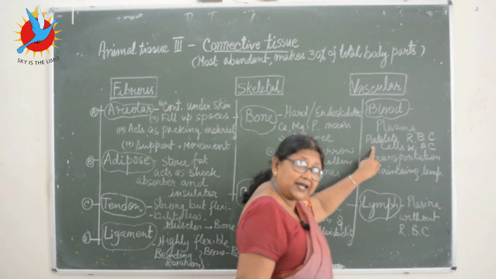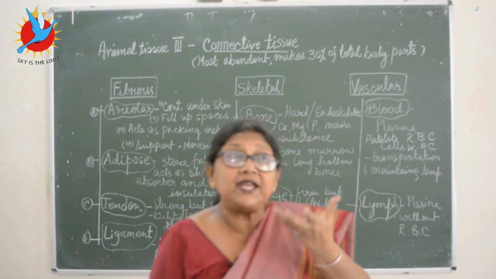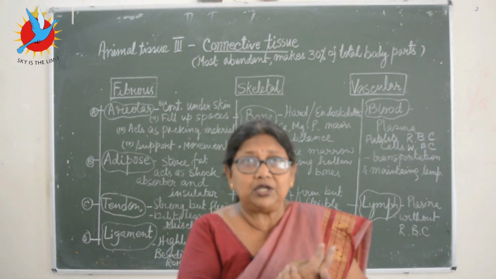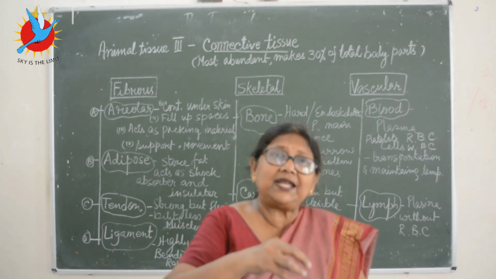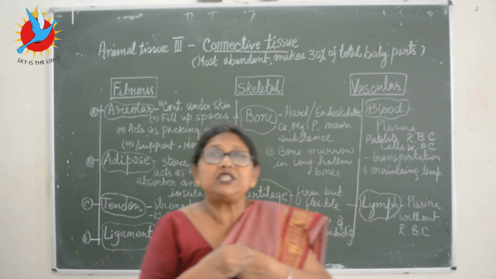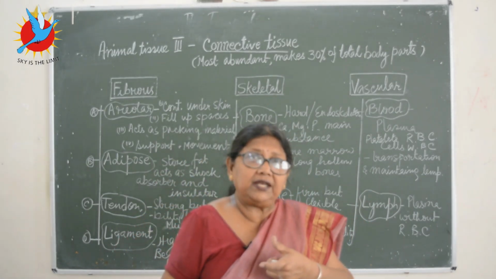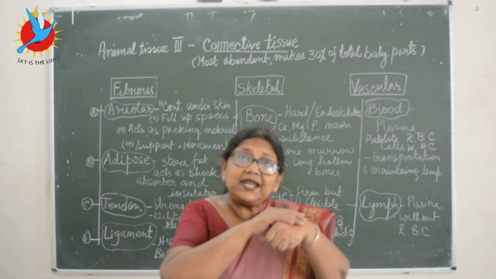Third one, blood platelets. That's also very important because it helps in blood clotting. Suppose you have a cut, a wound, and the person is bleeding. When the blood comes out, there is a protein in the blood called fibrin, and when it is exposed to the air, it thickens and makes a layer.